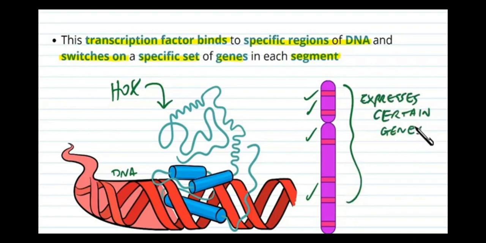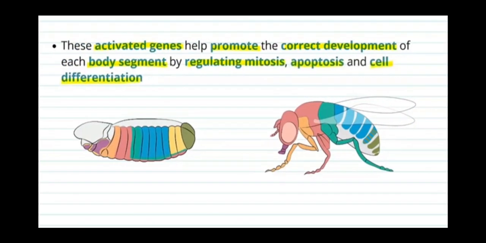These activated genes help to promote the correct development of each body segment by regulating mitosis, apoptosis, and cell differentiation.